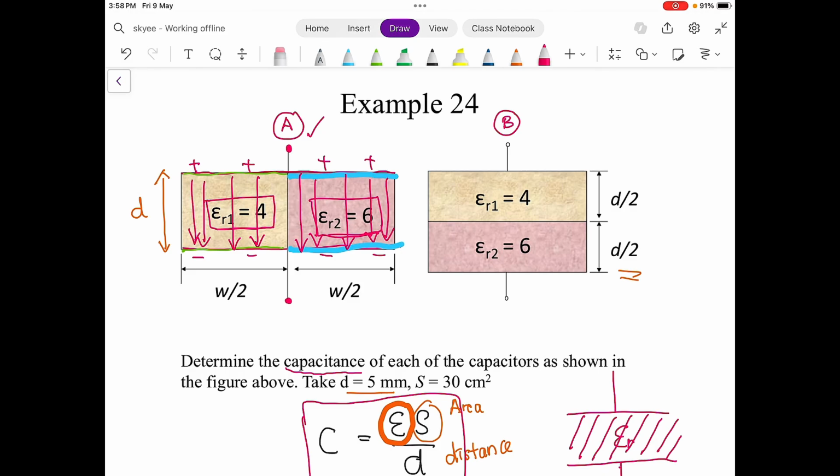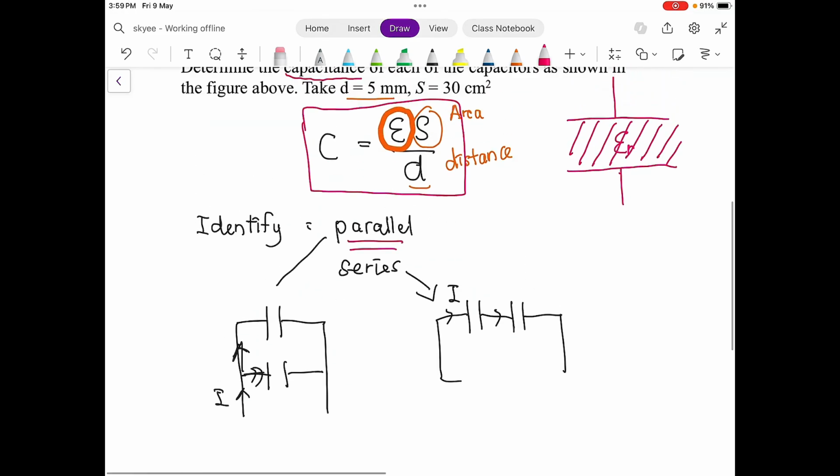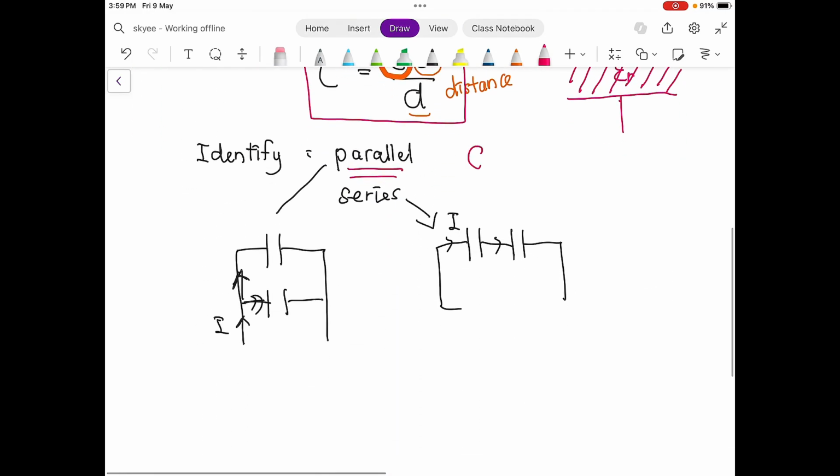That means the electric field is breaking into two regions. So for this case, our capacitors are in a parallel configuration. To get the total capacitance for a parallel configuration, we take C1 plus C2.